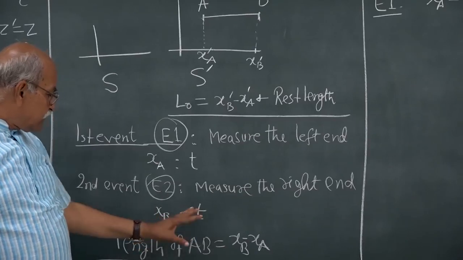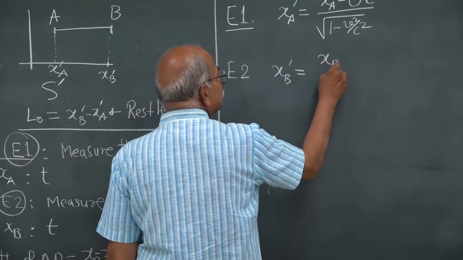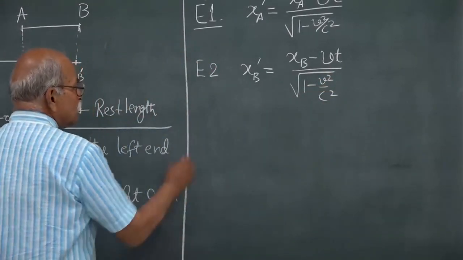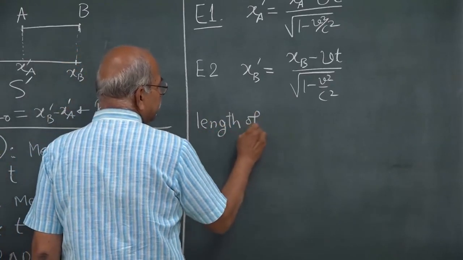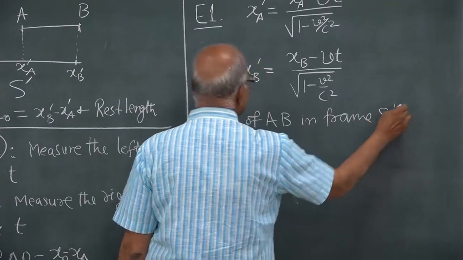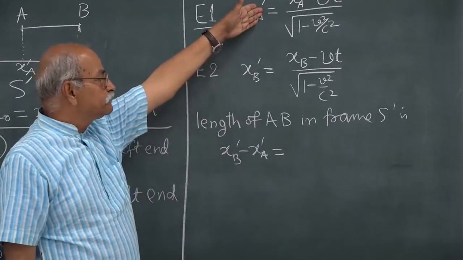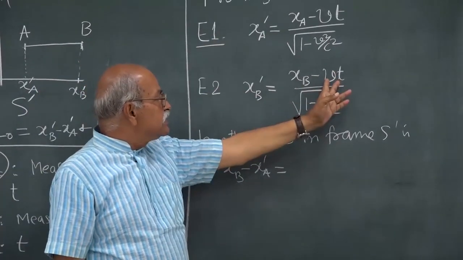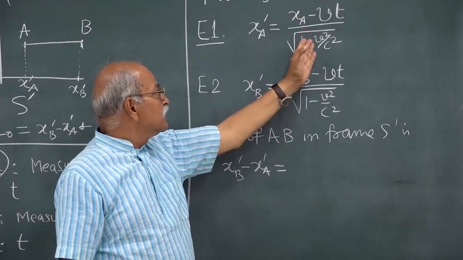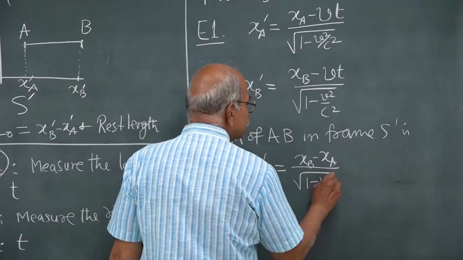So, x B and t, from there you can write for E2, x B prime is equal to x B minus vt divided by square root of 1 minus v square by c square, and therefore the length of AB in frame S prime is x B prime minus x A prime. So, when you subtract, this vt is the same here and here, and therefore it will cancel out and you will get x B minus x A, divided by square root of 1 minus v square by c square.